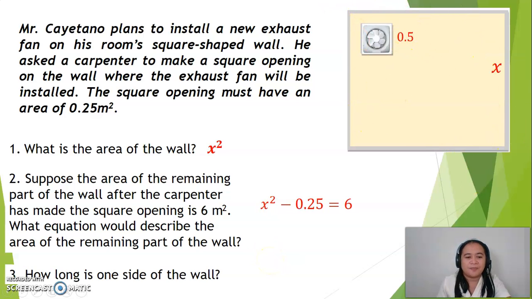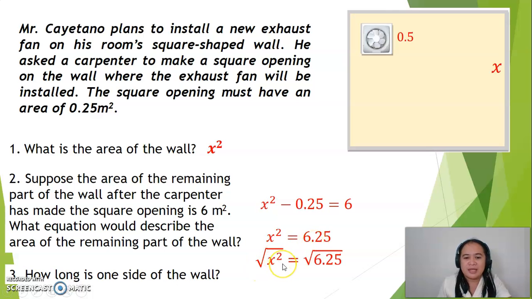So question, how long is one side of the wall? So to do this, we will simply simplify the equation in number 2. So with this, you add 0.25 to both sides, we will end up with 6.25.